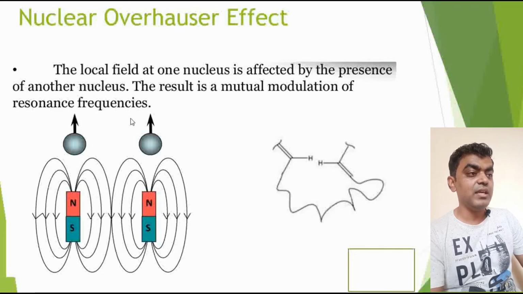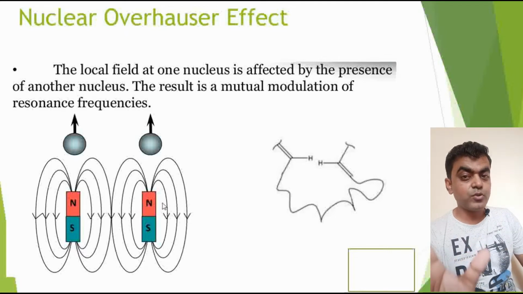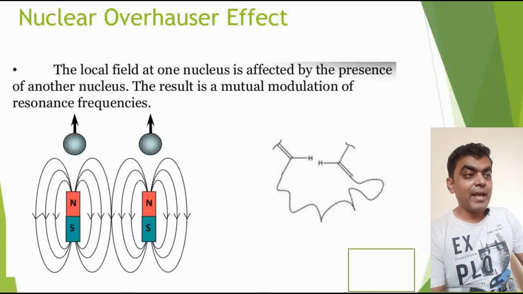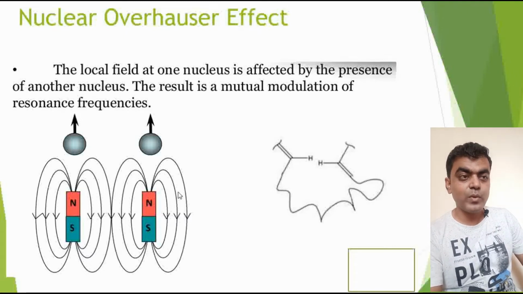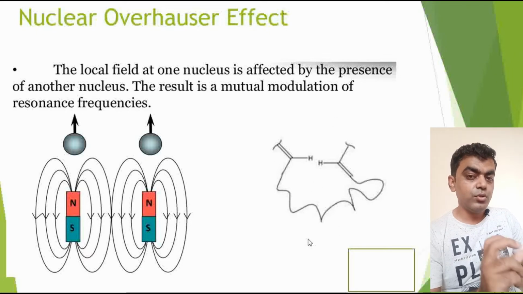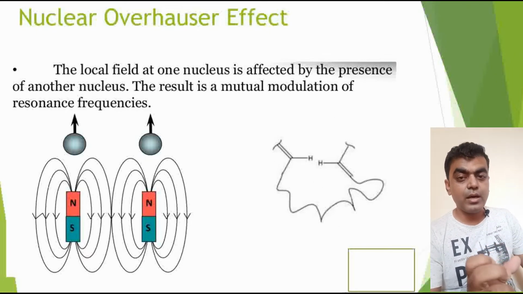So you can think of these as two magnets. Suppose two magnets or two dipoles are brought close together in space. Although they are not connected, their magnetic fields will still interact with each other. A similar thing happens in a conformation, when two protons are spatially positioned very close to each other.